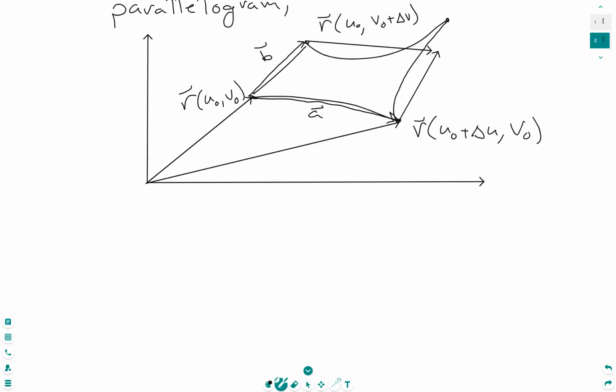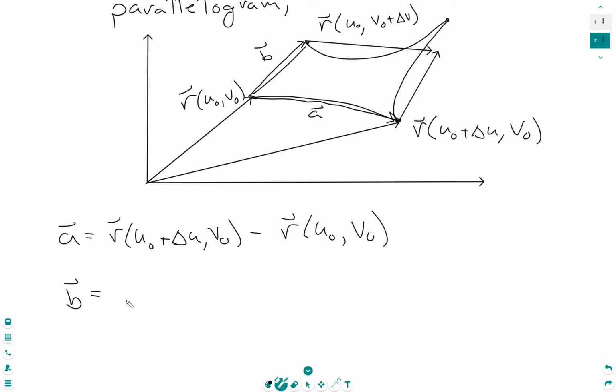So we say that the A vector was R of u naught plus delta u, v naught, minus R at u naught v naught. And we said that the B vector is R of u naught, v naught plus delta v, minus R at u naught v naught.